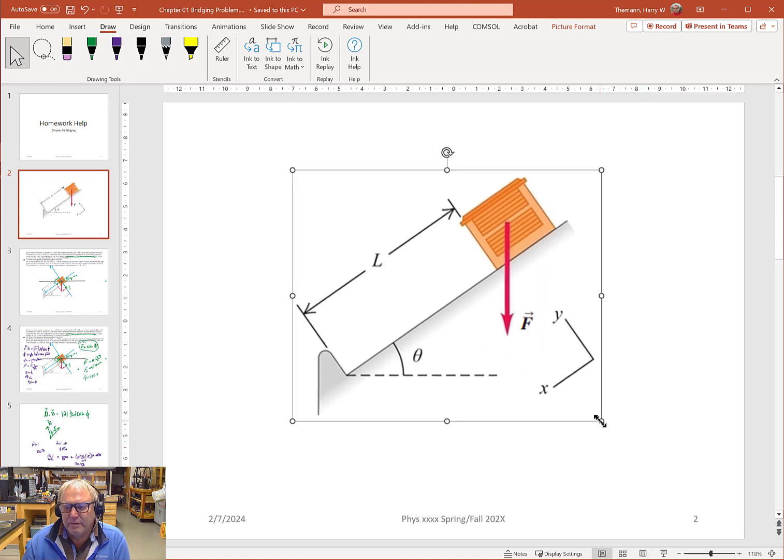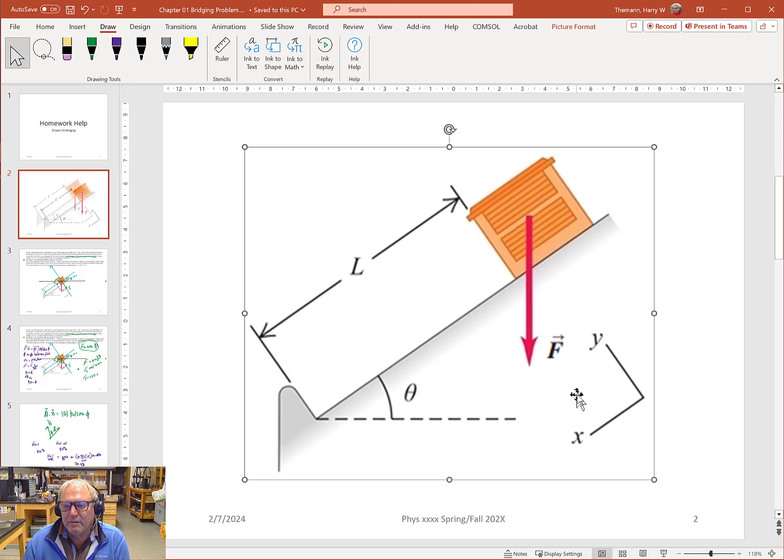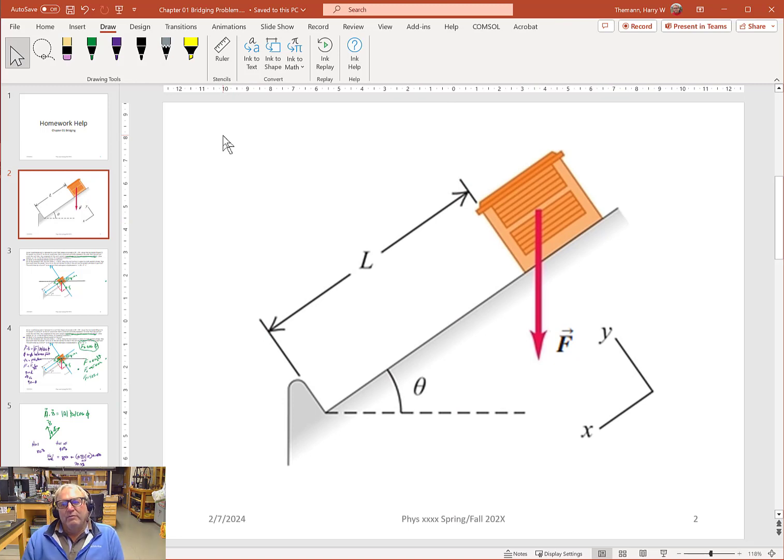And it's a little confusing looking because of the way they put the X and Y axes. In fact, when we actually do these kinds of problems, I'm going to show you how to set them up differently, but we have to deal with the problem at hand.